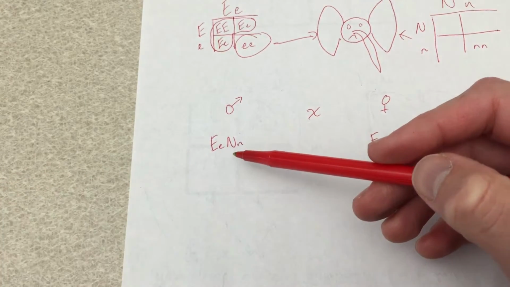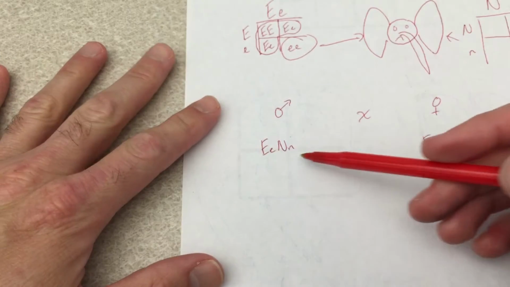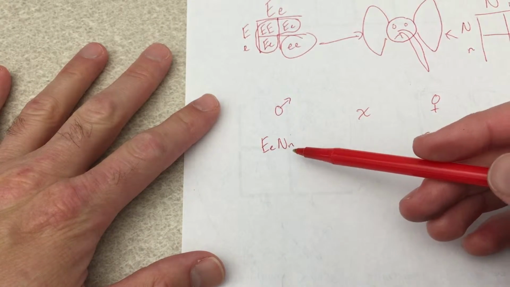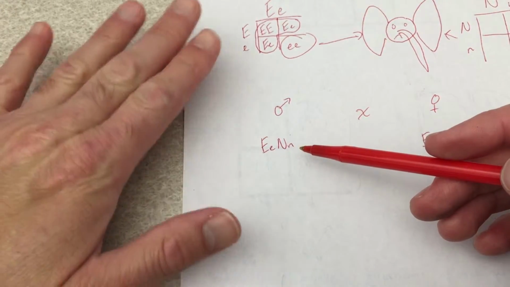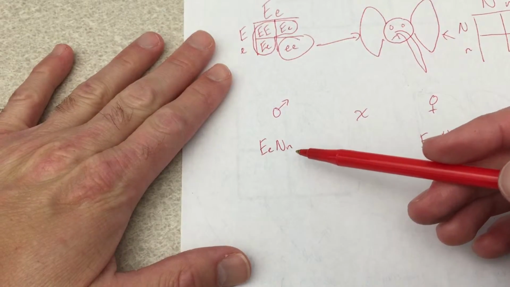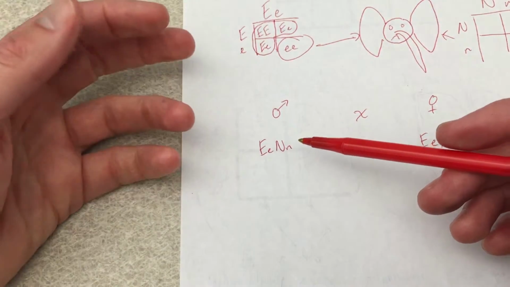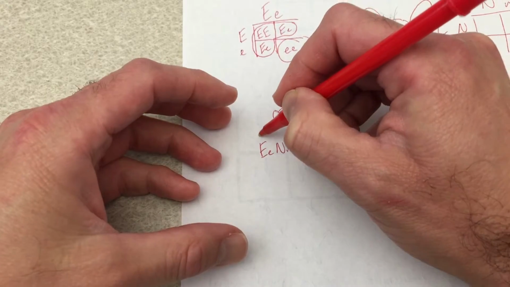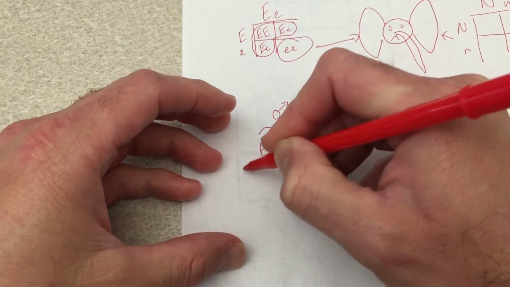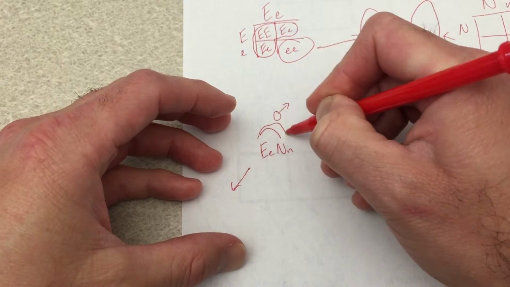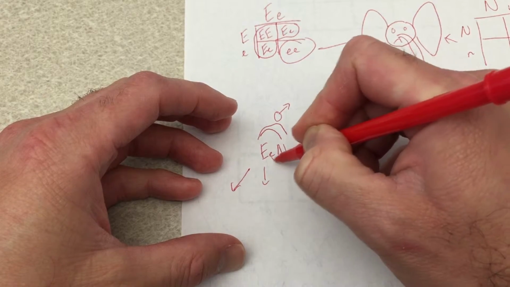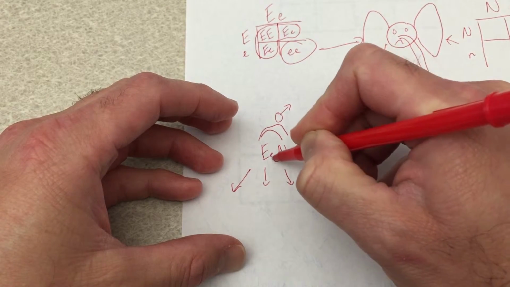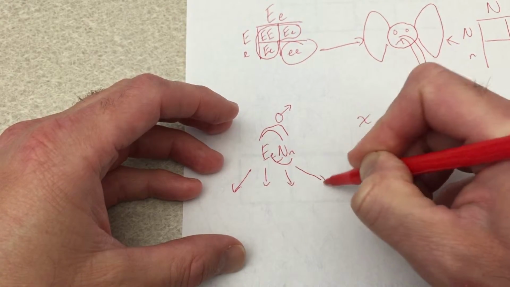In order to determine all the possible combinations of these alleles, we perform a technique that's kind of analogous to the FOIL technique in algebra. Remember that? First, outside, inside, and last.